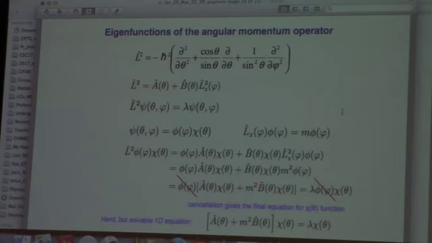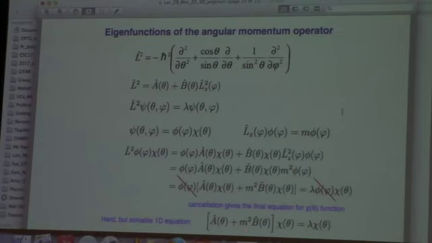What is important is that both parts have the phi function that can be taken outside and then cancelled from the eigenvalue problem, right? So we can cancel phi, and what we have at the end is an equation for chi that depends on m.